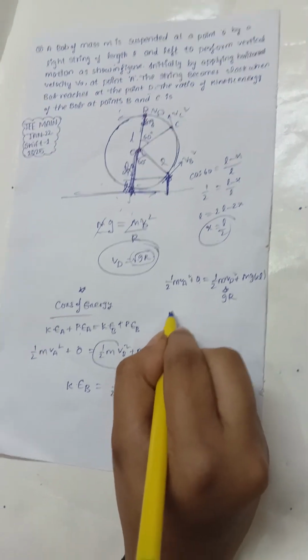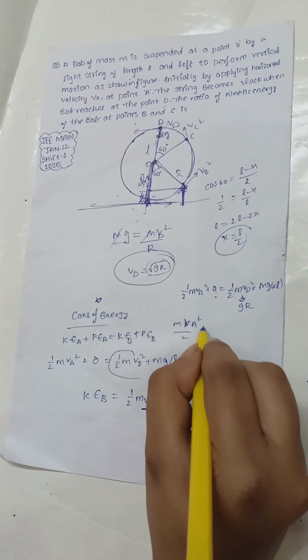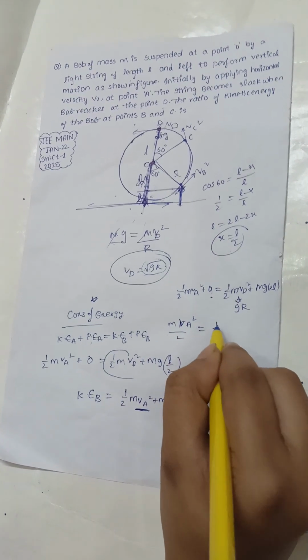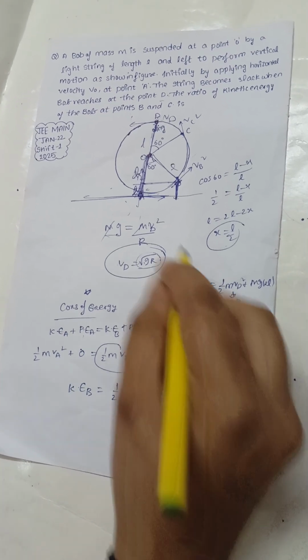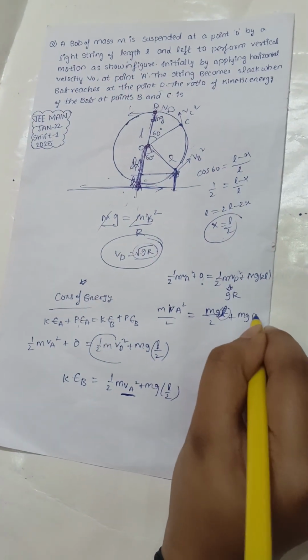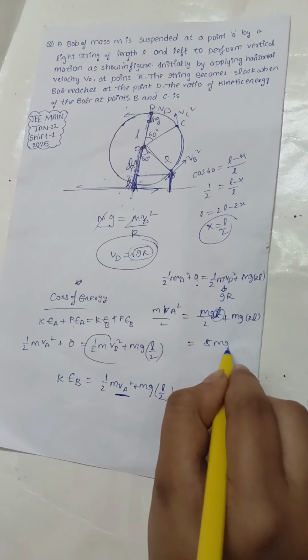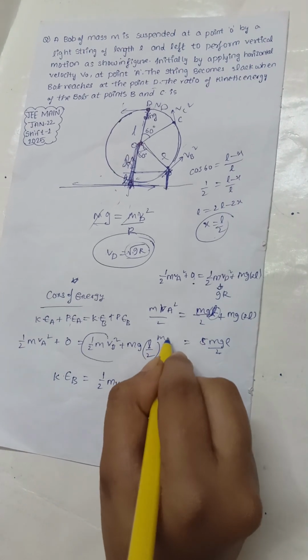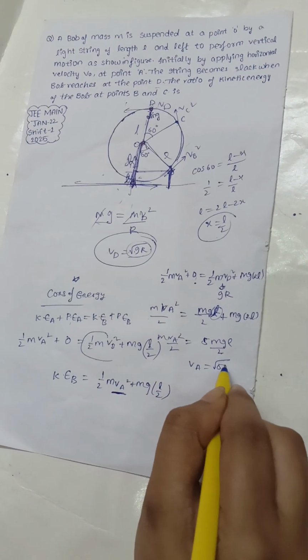Now mv square by 2 is mgr by 2 plus mg 2L, where r is the radius, which is nothing but length L. So 5 mgL by 2 is mv square by 2, and vA is root 5gL.